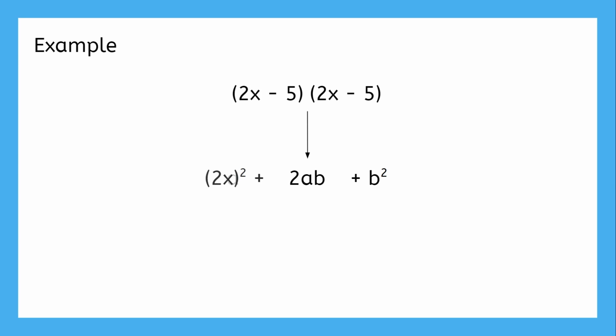We'll get the square of 2x, which is 4x squared, and the square of 5, which is 25. In the middle, we'll get the product of 2x and a negative 5 together, which is negative 10x, except remember, there will be 2 of those, which get combined together to make negative 20x. So the square of the binomial 2x minus 5 is 4x squared minus 20x plus 25.